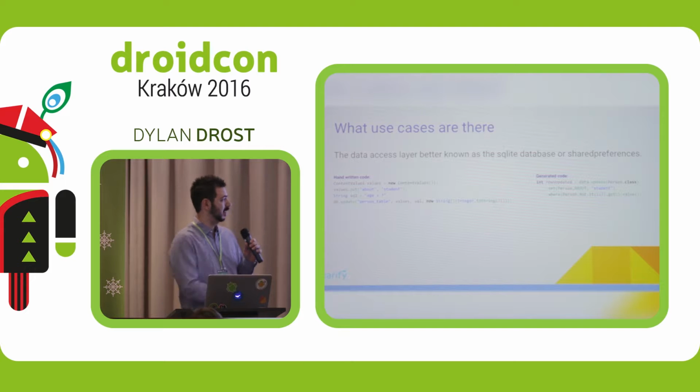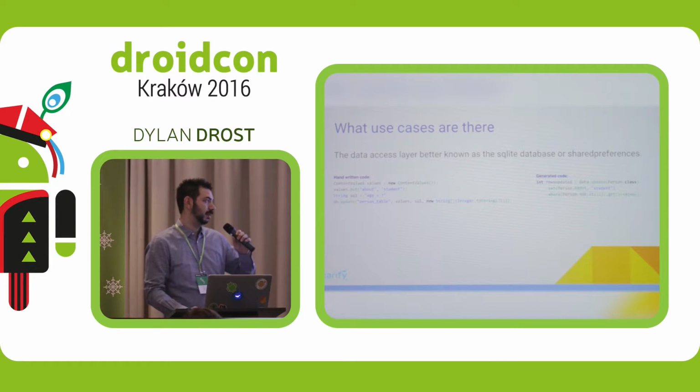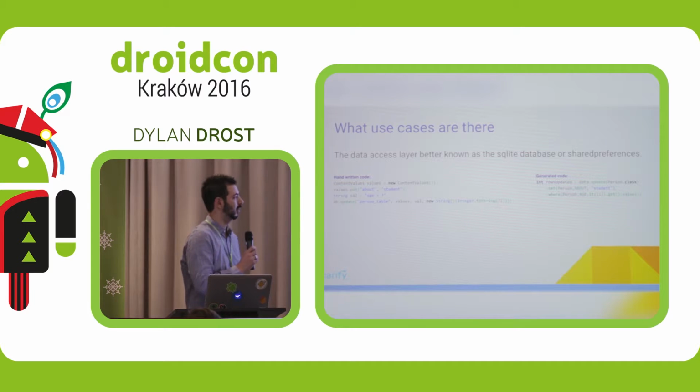For instance, the generated code would look something like that. You can update the person class, which is represented by the table person. The person field about is filled with the column name, and you put the value student in it. And then there's the query builder language you can use to create the query and execute it.